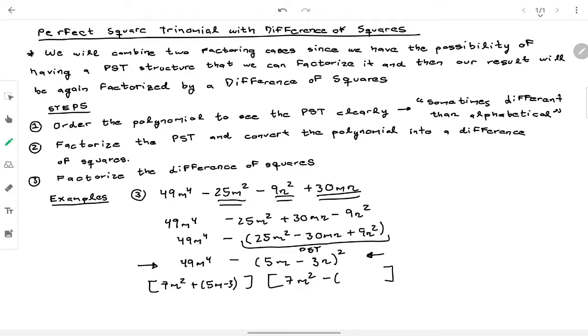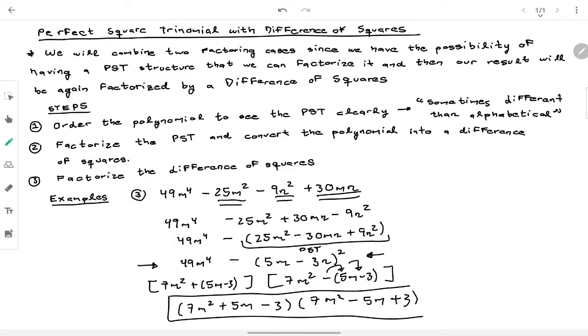In the second one, it's going to be the square root of the second one negative. So it's going to be 7m squared plus 5m minus 3, that multiplies 7m squared minus 5m plus 3, because remember this minus sign will change the sign of both terms. It's correctly ordered, so that's going to be our answer for this specific exercise.